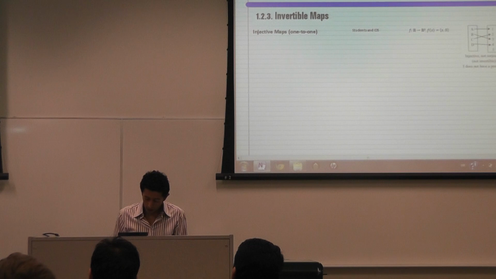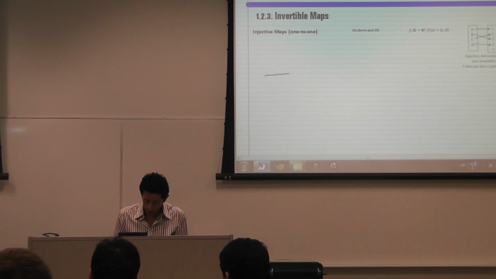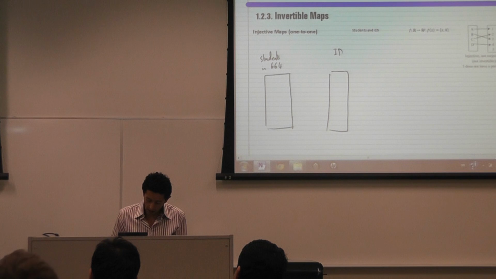An injective map is one-to-one. Just an example of an injective map, just to explain what we mean. These are the students in 664, and this is the set of IDs in U of A. For every student, there is a unique ID.